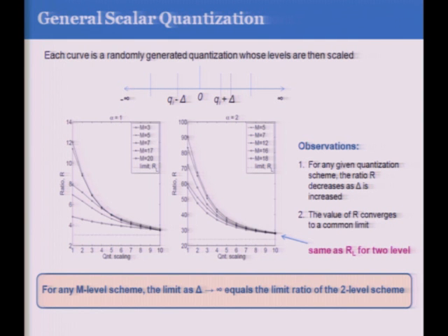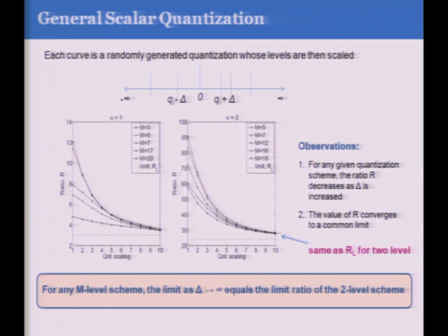In fact, you can also show more rigorously that for any m-level scheme, if you take delta to infinity, then the limit that you get is the same as the two-level quantization limit. So what this is saying is that at least within the space of the scalar quantization that we have looked at, you cannot do better than RL.